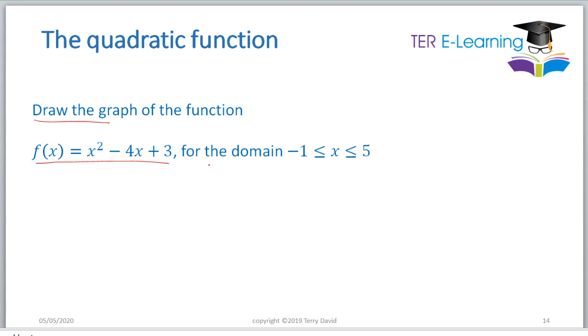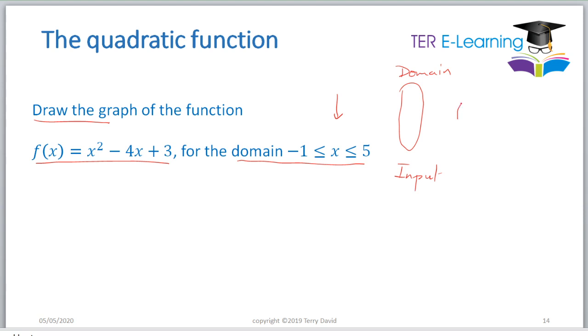But sometimes they give us a piece of information here and they say for the domain minus 1. Now what this means is that x, the values of x that I'm going to use in the function, goes from minus 1 to plus 5. So my domain, right? So remember we covered domain, codomain, we covered domain and range, right? So usually my domain is, you can think of it as your x values, the input to the function, right?